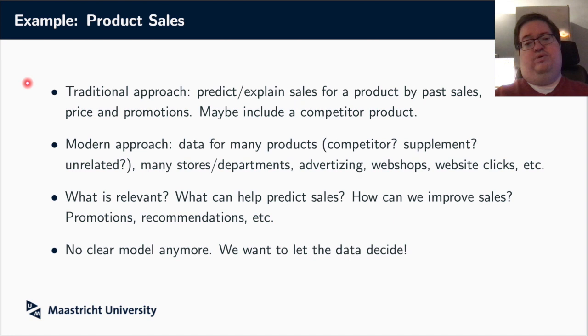Maybe we have actually not just one store, but we have multiple stores. Maybe we have web shops. We have many different kinds of advertising. Maybe we look at not just traditional promotions, but look at how are things popping up on a web page. How many clicks do we have on certain links on our website? All these data you would have available.